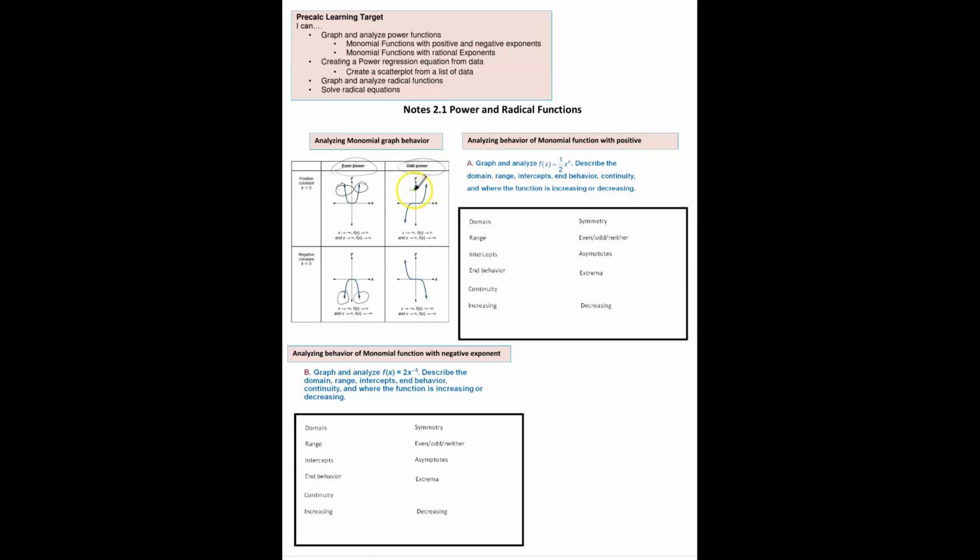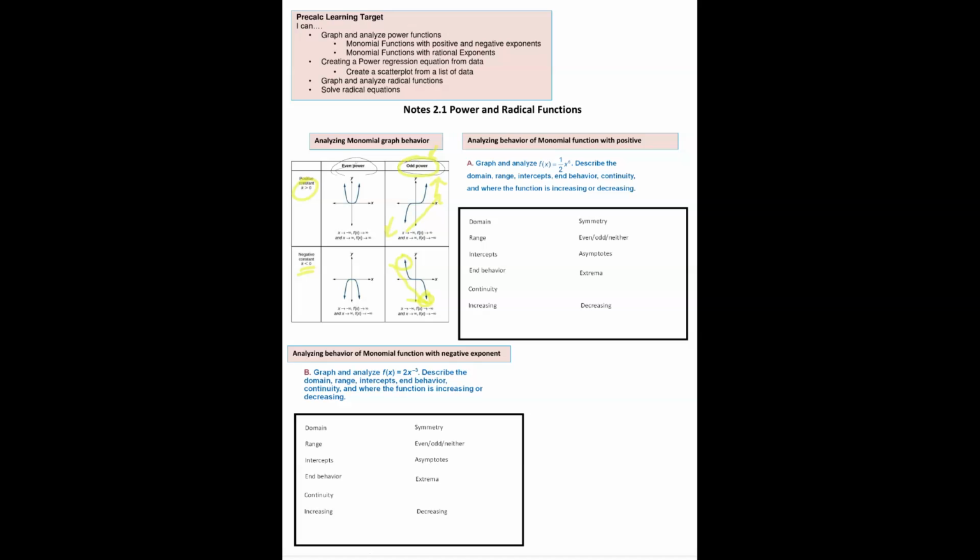If it is a positive constant, but the exponent is odd, the arms are going to go in opposite directions. This one's going up, this one's going down. If your constant in front of your x is negative, it's going to be decreasing from left to right, so it has a downhill slope rather than the uphill slope that you're used to. But because it is odd, the arms of your graph are going to be going in opposite directions. All right, does that make sense? Hopefully it does. This is all review.